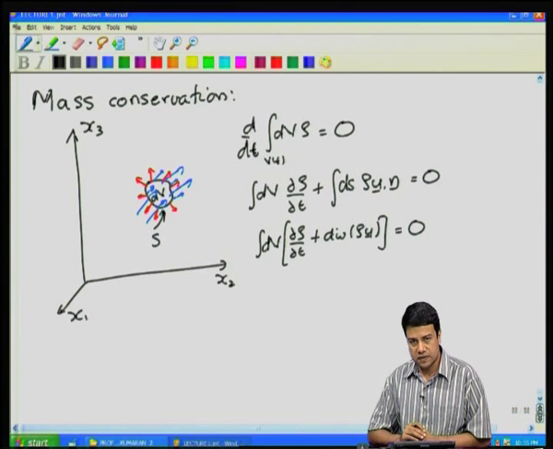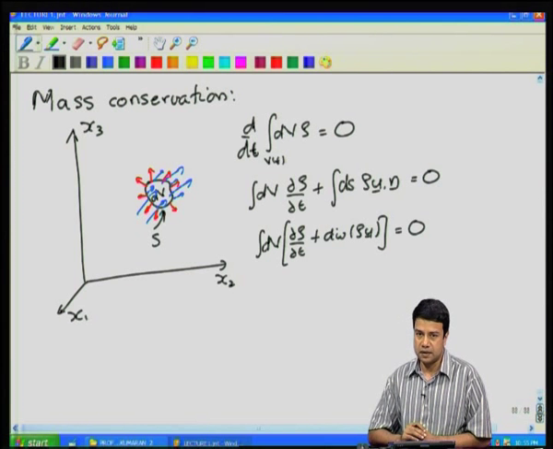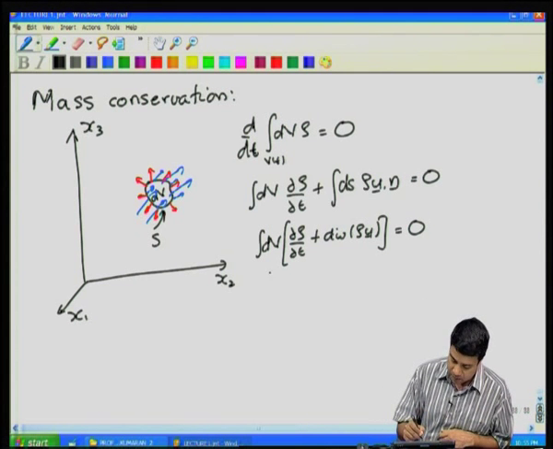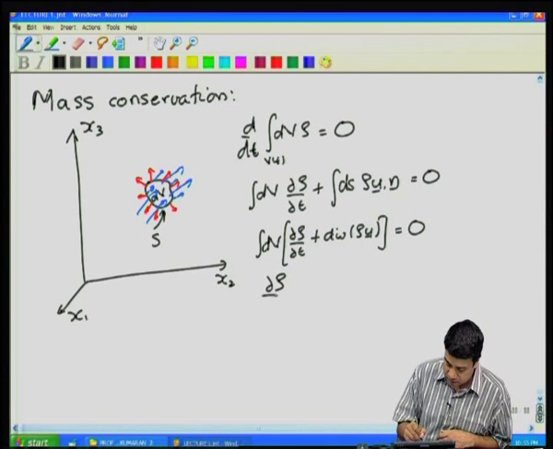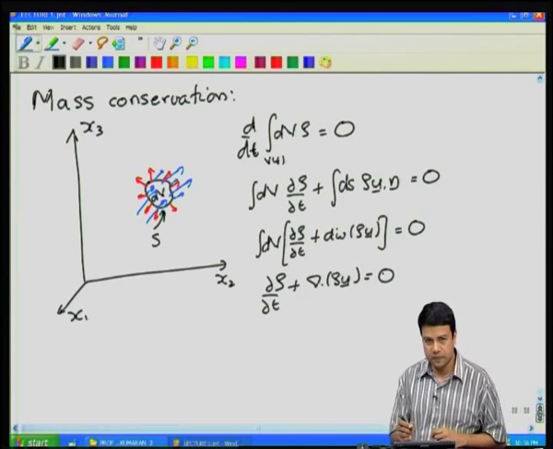Integral over a surface of some vector dotted with n is equal to integral over the entire volume of the divergence of that vector. In this case, that vector is the whole thing, the density times the velocity. Okay. And this has to be true at each and every point within the volume, which means that my mass conservation equation becomes partial rho by partial t plus del dot rho u is equal to 0.